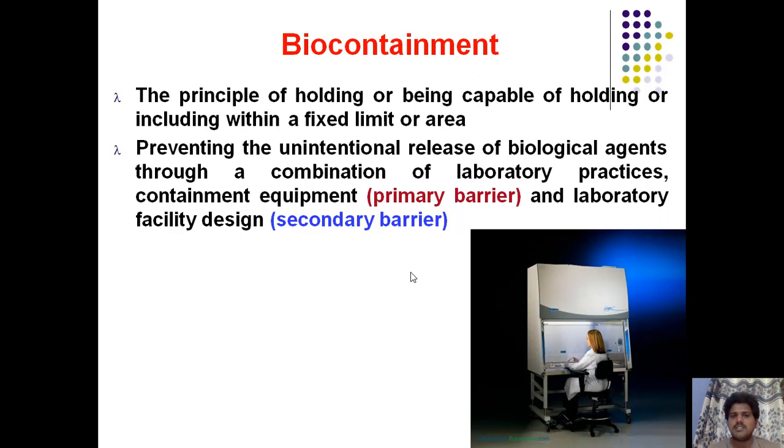Containment equipment is referred to as a primary barrier, so your biosafety cabinet is a kind of primary barrier. Laboratory facility design covers how the rooms are arranged, how it is away from the main building or within the building. Normally biosafety level 3 and 4 labs are away from the main buildings.